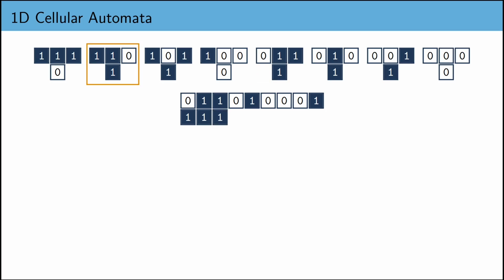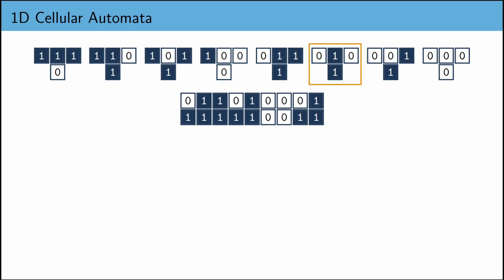For the third cell, its neighborhood reads 110, so the cell should remain a 1. For the fourth cell, its neighborhood reads 101, and so that 0 should become a 1. And so on and so forth.